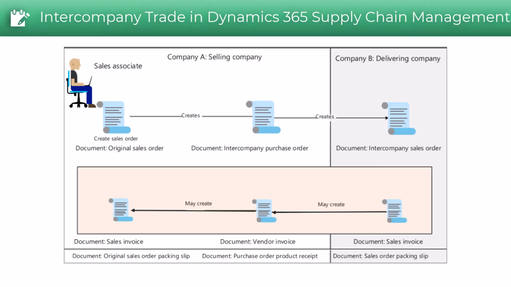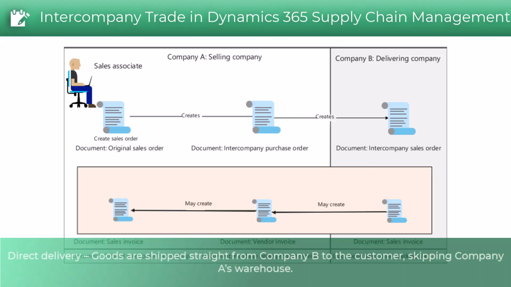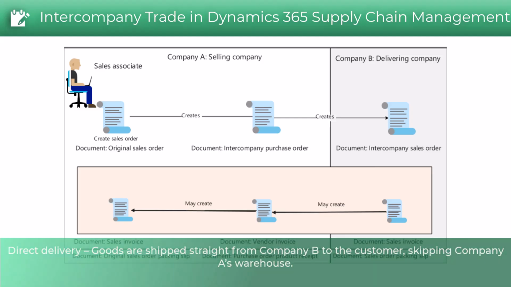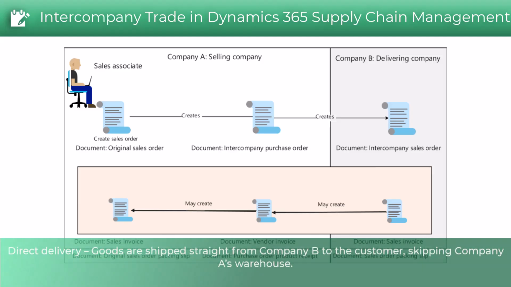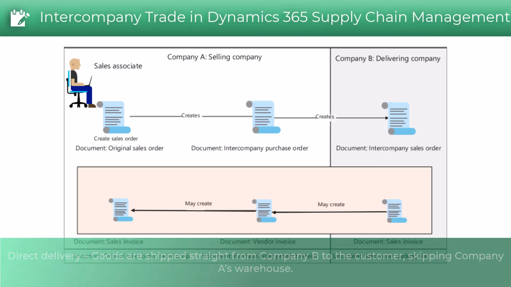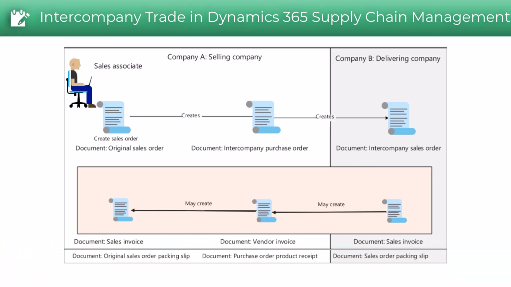In direct delivery, goods are shipped straight from company B to the customer, skipping company A's warehouse. Why is it required sometimes? Because direct delivery minimizes the shipping cost as well as the shipping time. That is why direct delivery comes in.